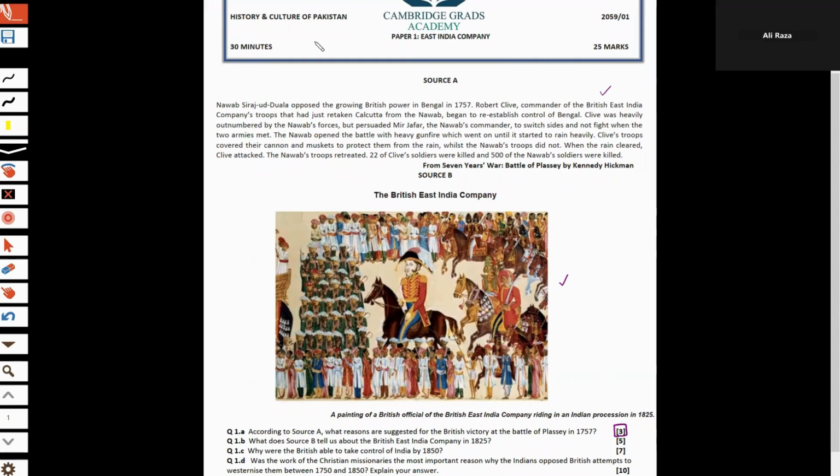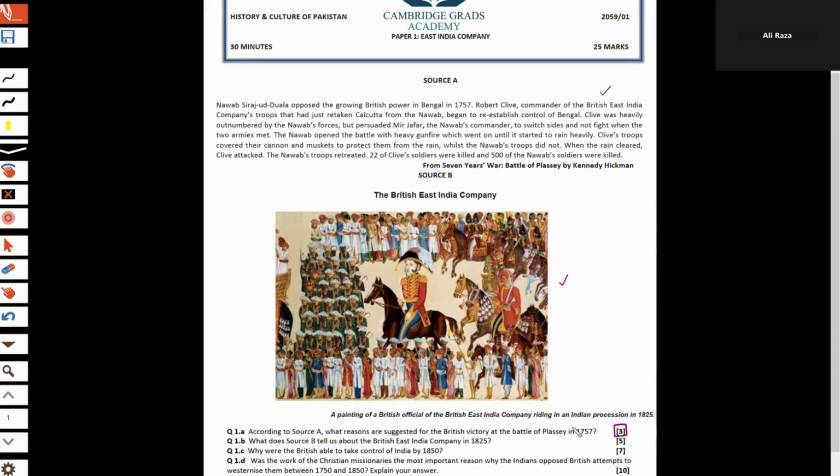So, what the examiner asks you or demands you to do in this question is to show your understanding of the text given. अब इसमें आपने करना क्या होता है? You're required to highlight any 3 reasons for those 3 marks that are given in the text. You cannot name anything that is already in your mind.